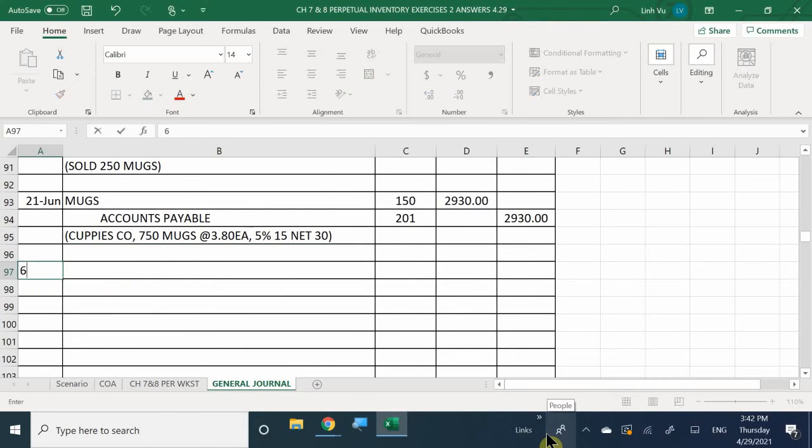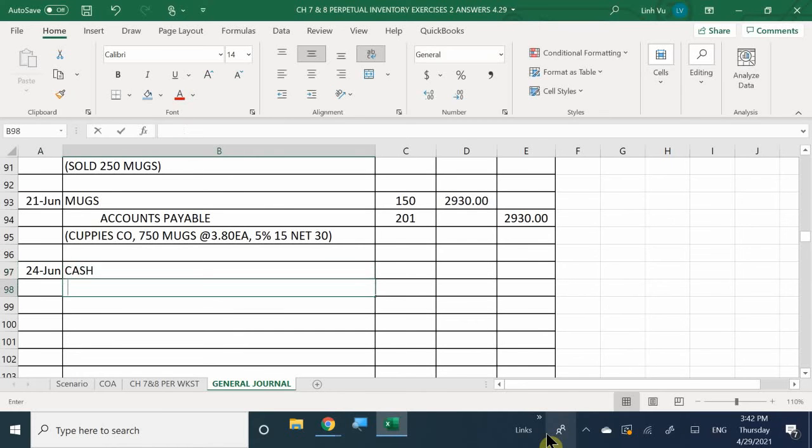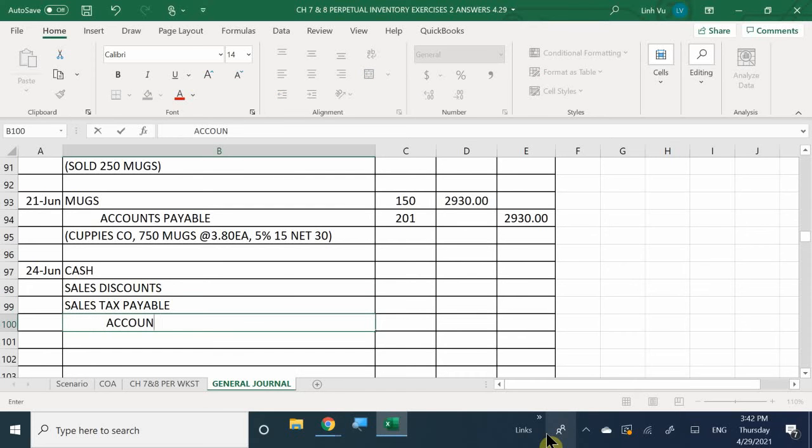A few things that we recognize here is that it is June 24th, and we received cash from customer B. We have a sales discount, and the sales tax payable. We have to give back a portion of his money back for the tax, because we already charged the tax. Now we have to kind of undo it. And he's paying off what he owes us, so he's decreasing what he owes us.